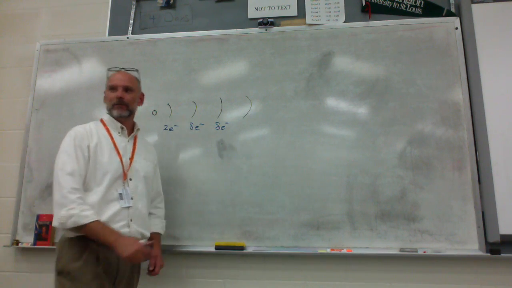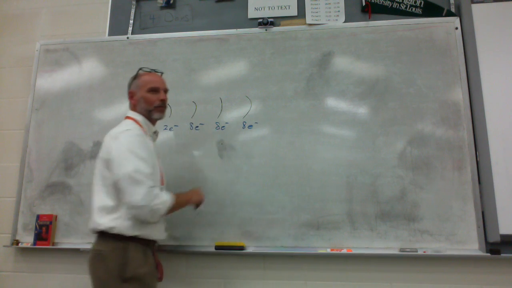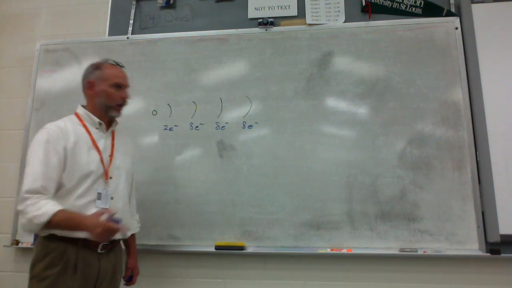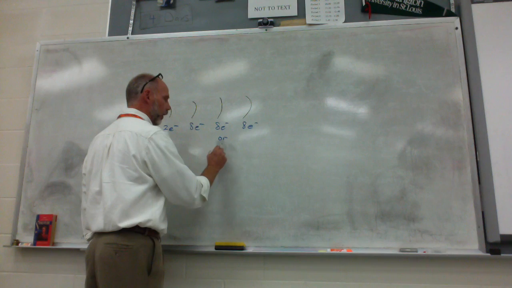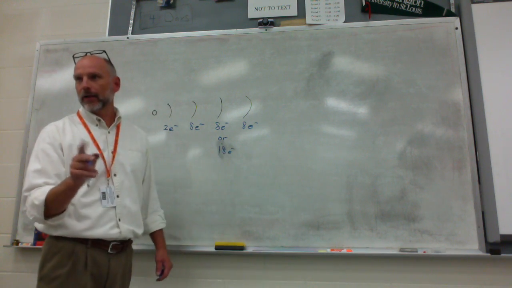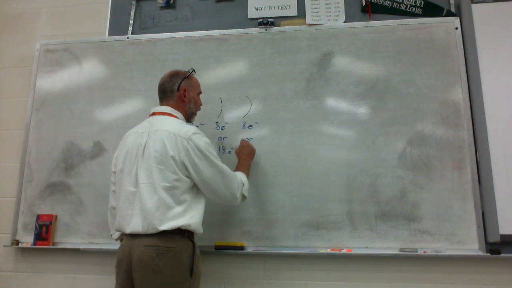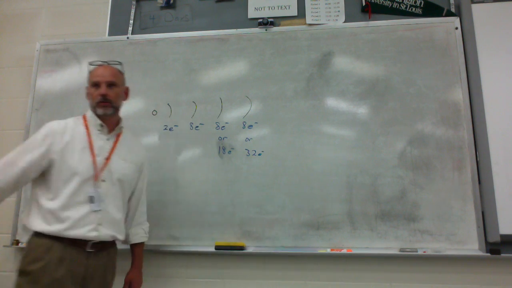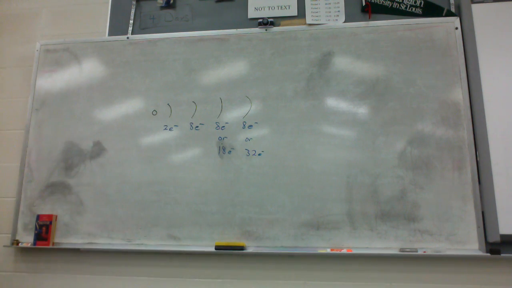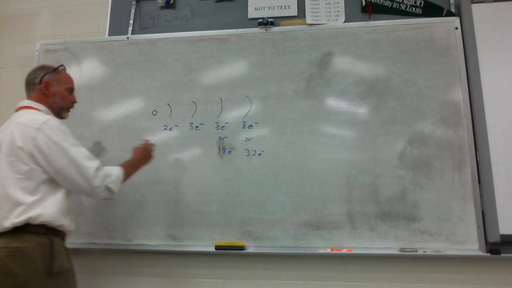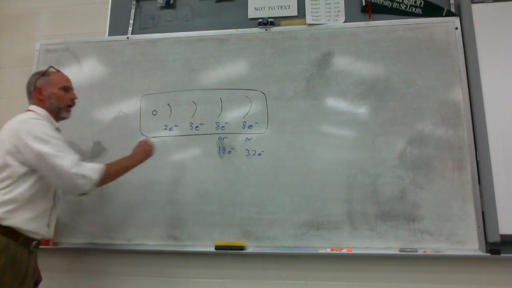And the next one, 8. However, when we get to chapter 4, this is going to be 18. We'll talk about that here in a second. And this one's 32. But for this class, this chapter, this is all you need to know.